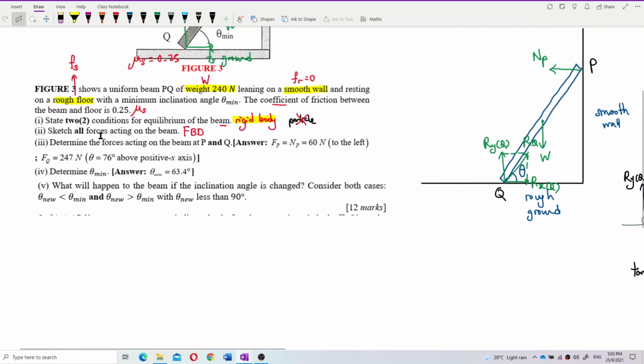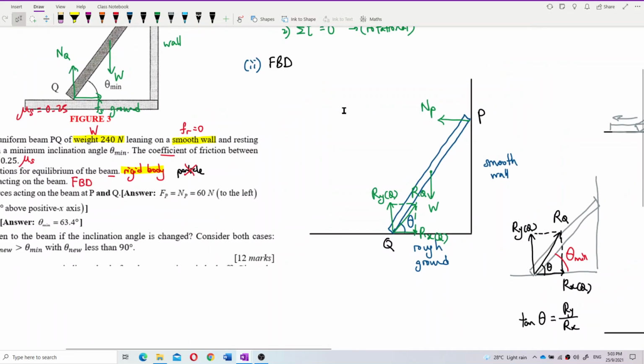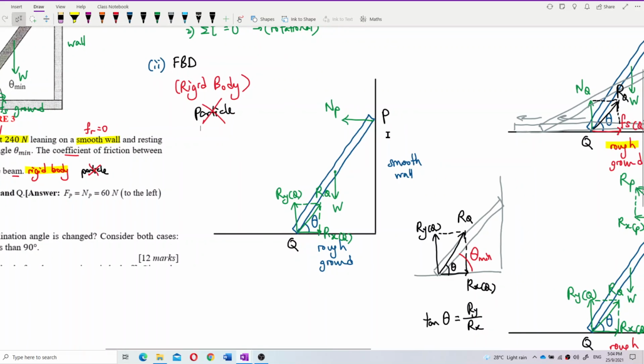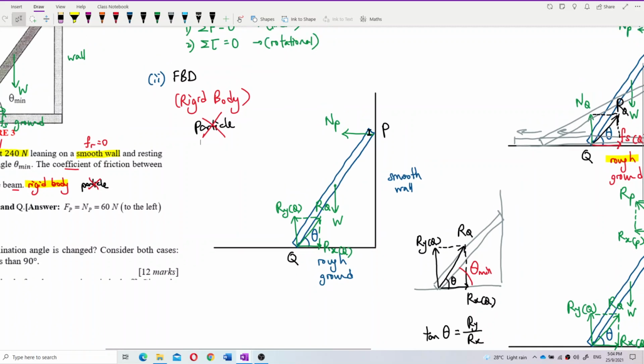So this is the free body diagram for a rigid body, not a particle. That's why in the free body diagram for a rigid body, we draw the forces at different points of the body, some forces over here, some forces below.